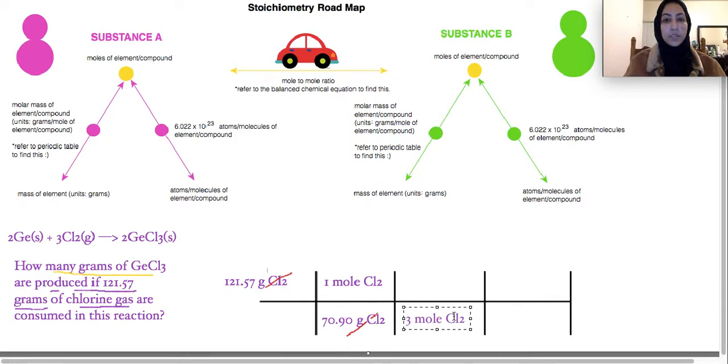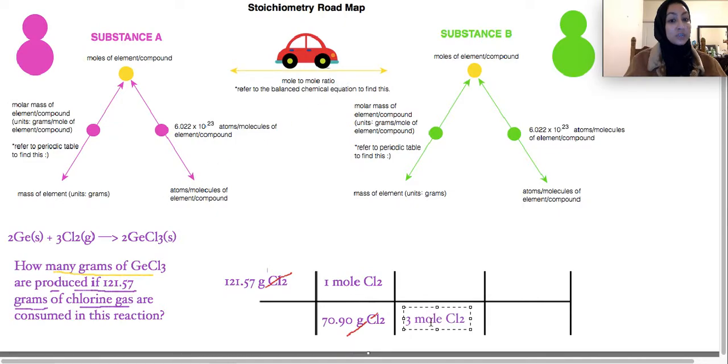Now, substance B, in this case, is germanium chloride. So I ask myself, for every 3 moles of chlorine, how many moles of germanium chloride do I have? I have 2. For every 3 moles of chlorine, I have 2 moles of germanium chloride. So that ratio right here, that relationship is the bridge.